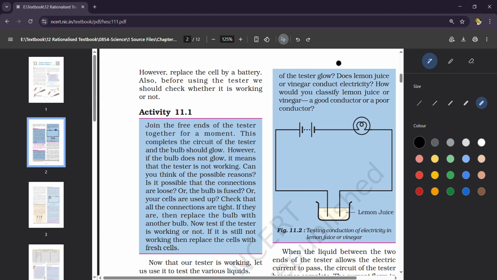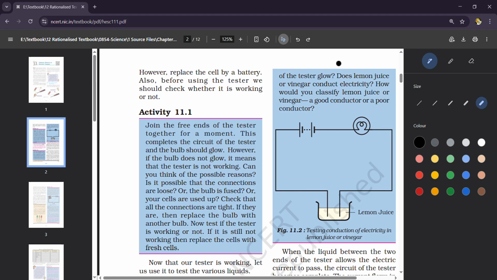Liquid only becomes conducting when charge carriers are present in it. Distilled water is not a conductor because it has no charge carriers. Charge carriers are present in salt. So if we make a salt solution with water, then this solution will have charge carriers and the electric current will pass through it.